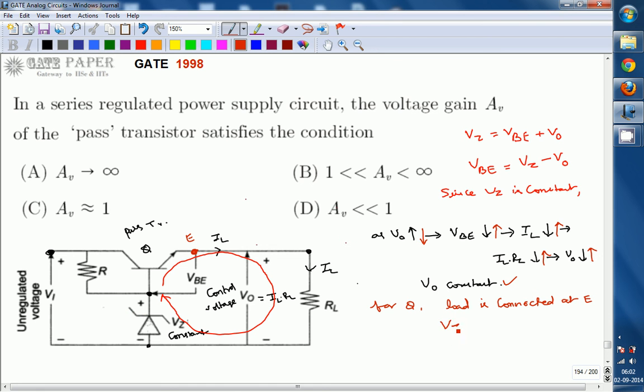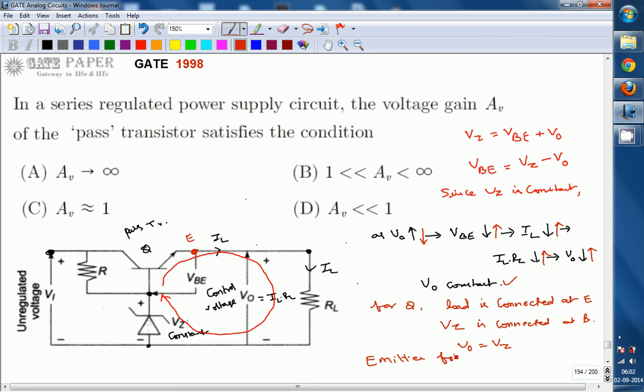So the Zener voltage VZ is connected at the base. V0 is maintained constant, so V0 is equal to VZ always. Since V0 is maintained constant, VZ is also maintained constant, so whatever the changes, they get regulated. Simply we can say that the emitter is following the base.